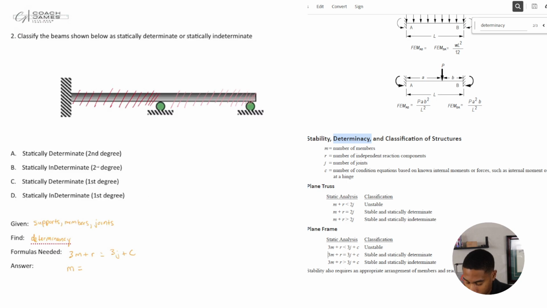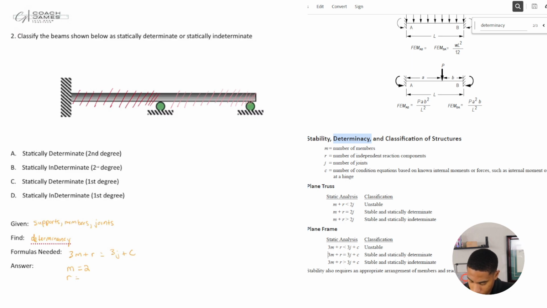Okay. I'm not counting any overhang or anything, so we have two members. What about for the reactions?